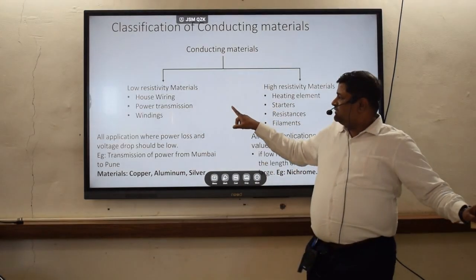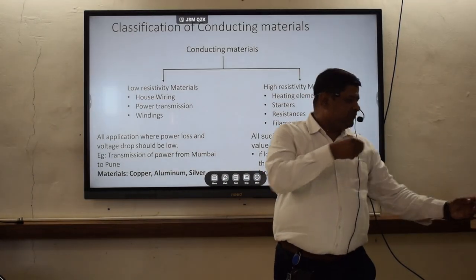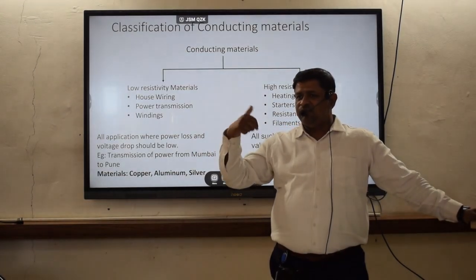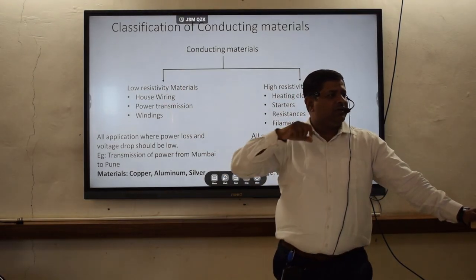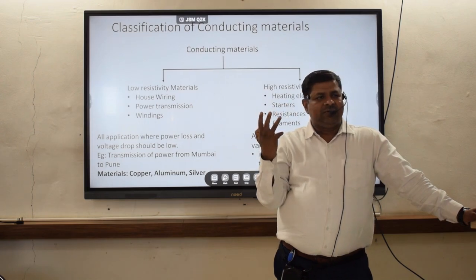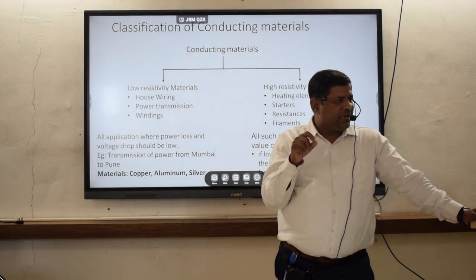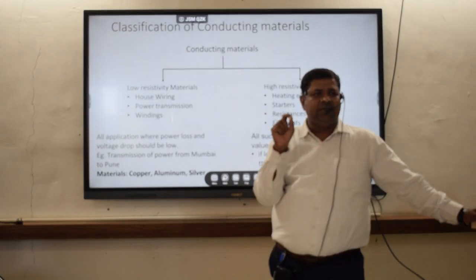Low resistivity materials means the electrical wires or cables through which we pass the current, like the yellow, red or black colored wires for switches. Again, colors are not given because someone likes that color; it is not like that. There are color conventions.